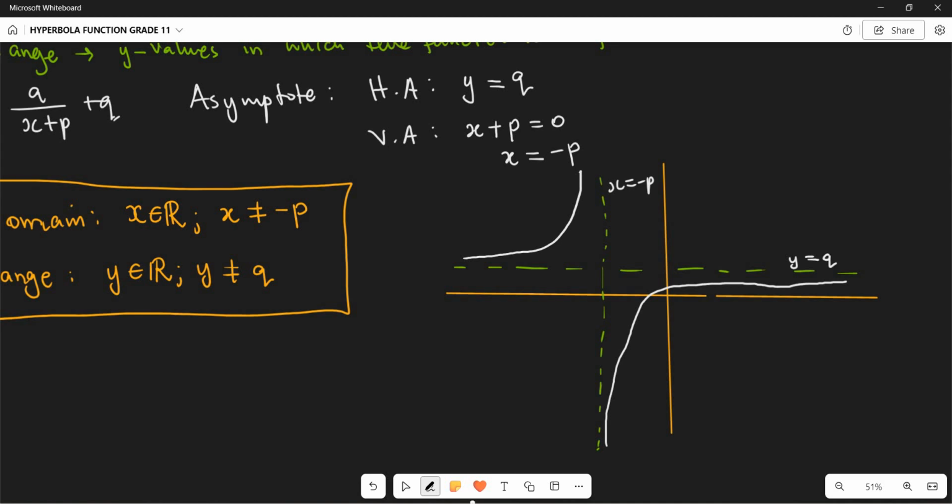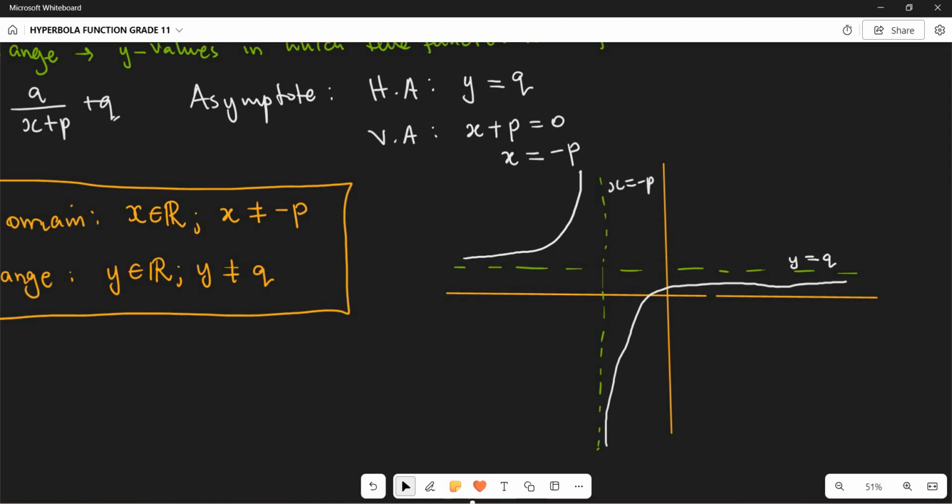Now you can see where the restriction is. Your graph, you can't draw it without lifting your hand. And where you lift your hand is when x is equal to minus p. So that means at that point the graph does not exist. So all values of x are possible except that one.